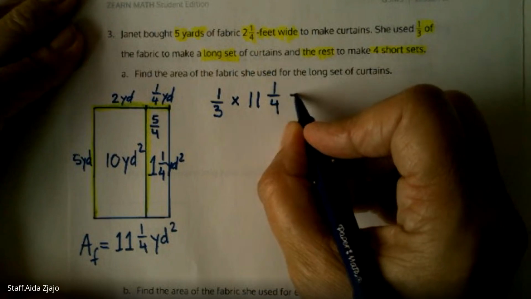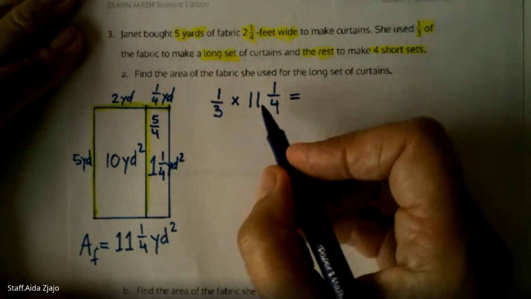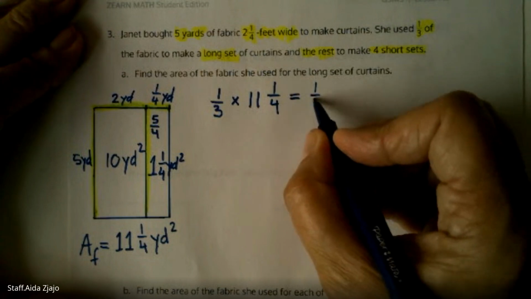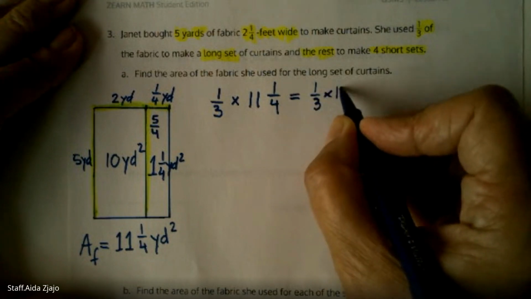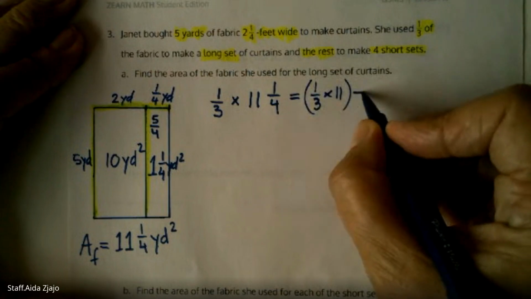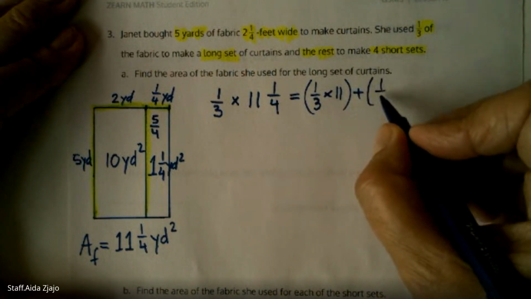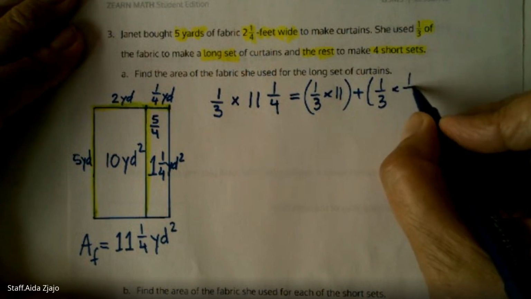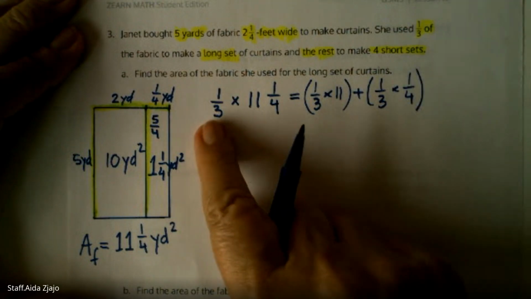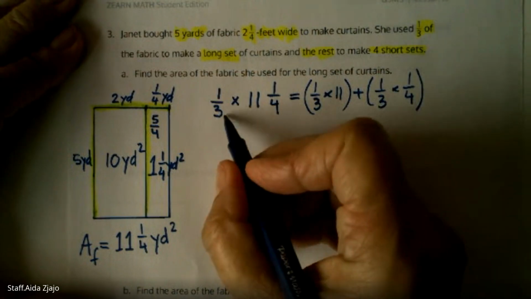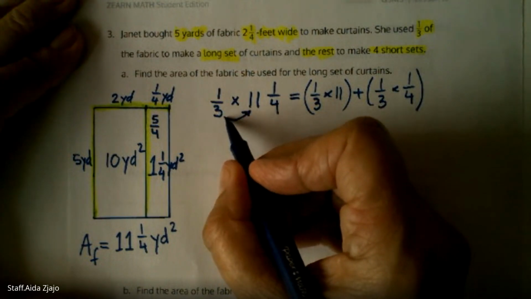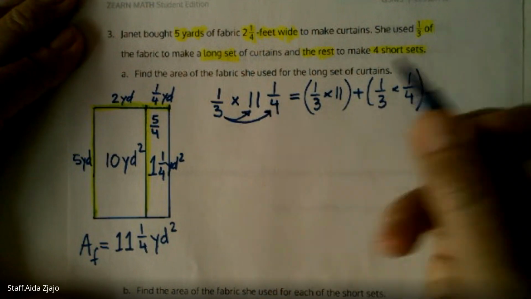That is 1/3 times 11 plus 1/3 times 1/4. Okay, 1/3 times 11 and 1/3 times 1/4.